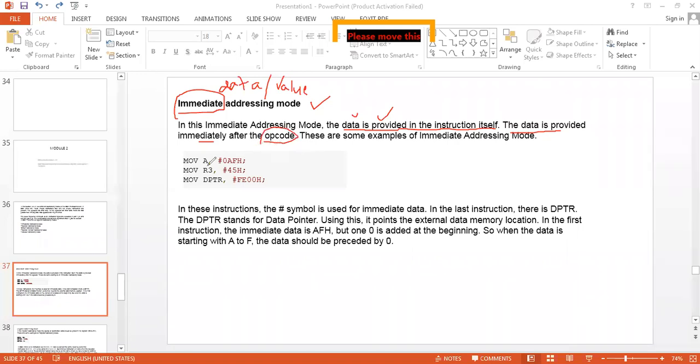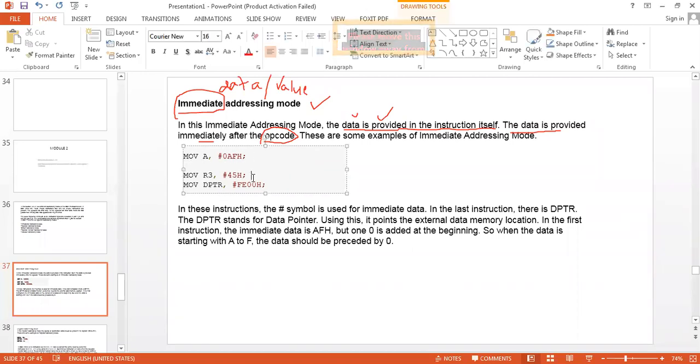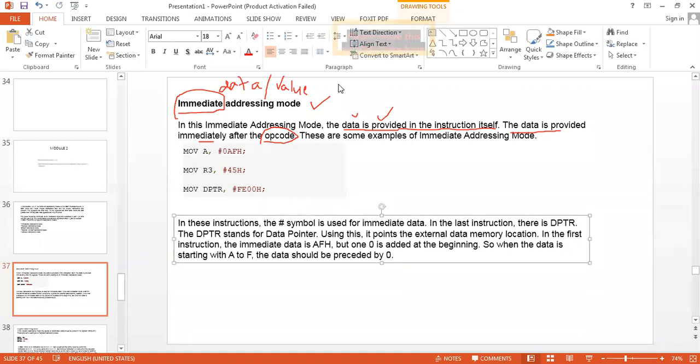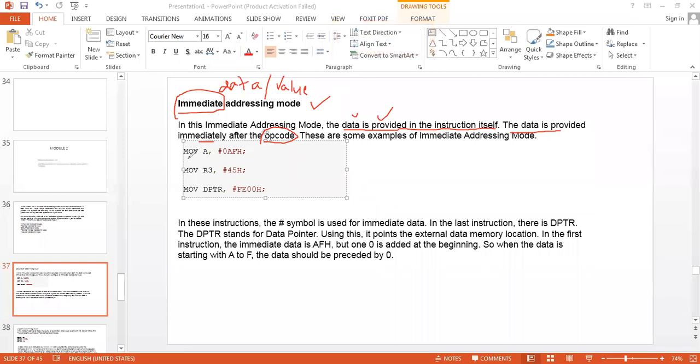So let us see how it can be written. Say for an example, so what is there here? See that, this is my first instruction. Here the label is not written, so therefore the colon is also not there. That is going to be optional. So what is there? A mnemonic is there.